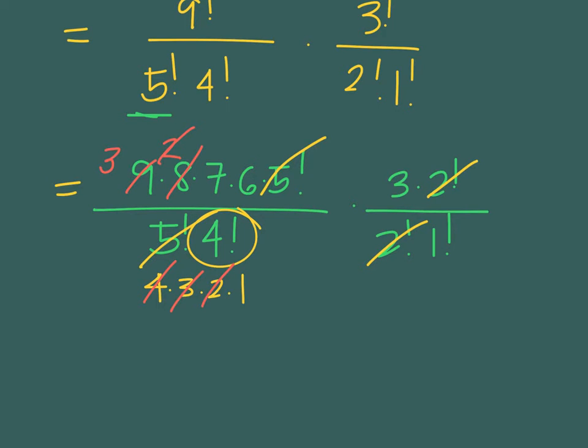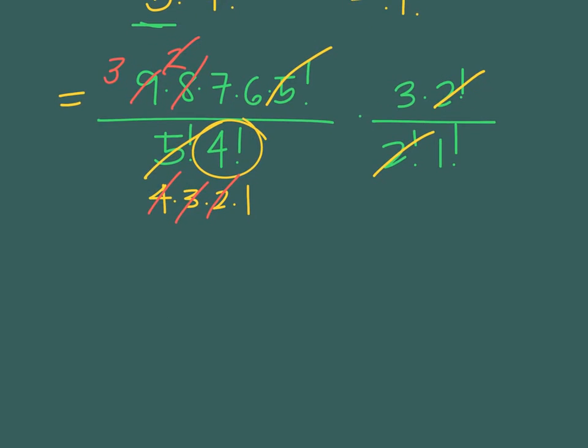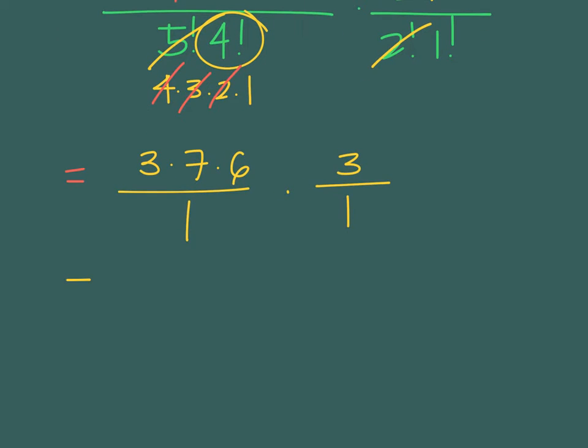And then 1 is just 1. So let's simplify that into 3 times 7 times 6 over 1, times 3 over 1 factorial, which is 1. So this is just 3 times 7 times 6 times 3. And finding this value, this is equal to 378.